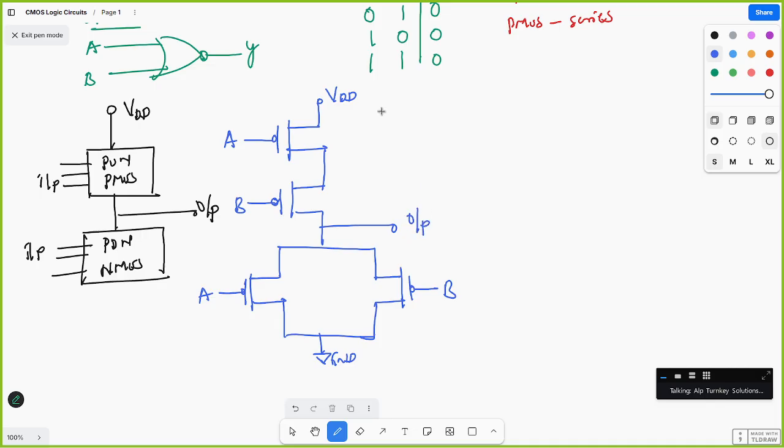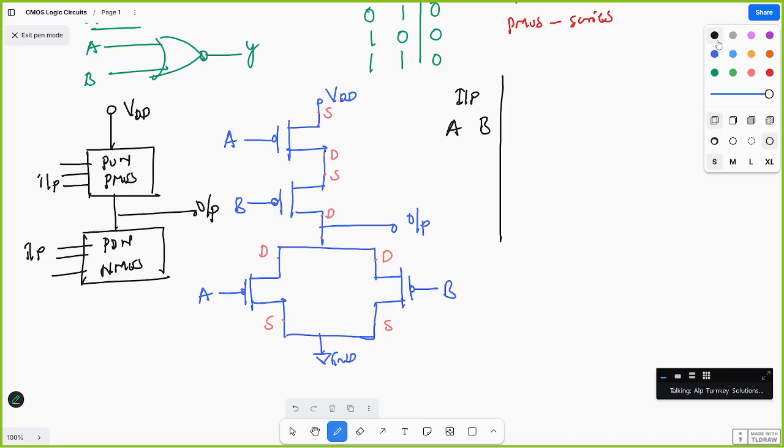If you draw the truth table, the inputs are A, B. This is source, next drain, again source, drain. These two are drains, and these two are sources. The sources are connected to ground, and here this source is connected to VDD.